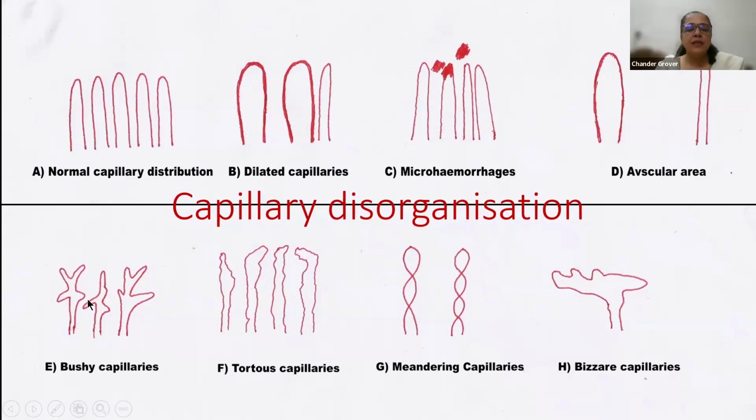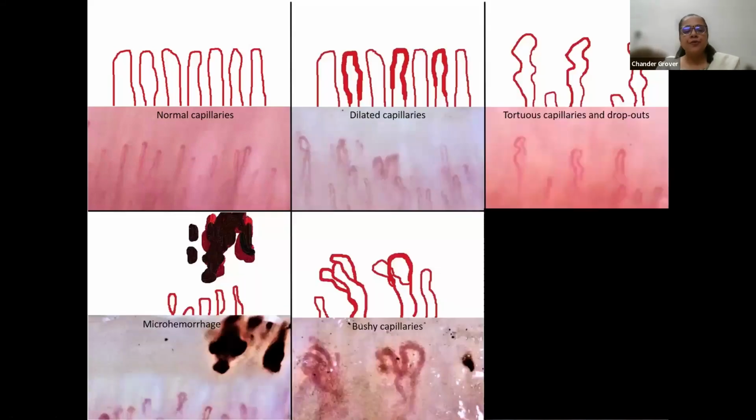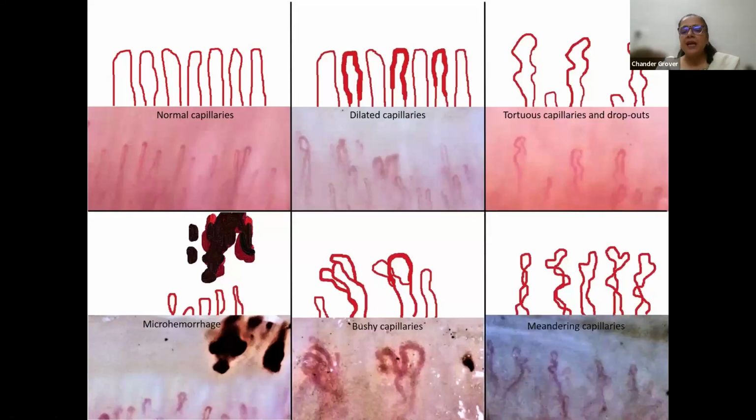The remaining capillaries will now start multiplying, so you have bushy capillaries. Instead of the regular hairpin bends, they will start bending in multiple ways to supply blood. You have tortuous capillaries, meandering capillaries, and bizarre ones. These are earlier stages after dilated, and these are later stages. Normal, dilated, tortuous, microhemorrhages, bushy, meandering.